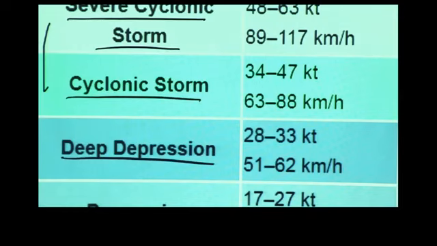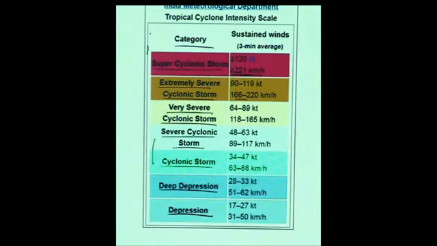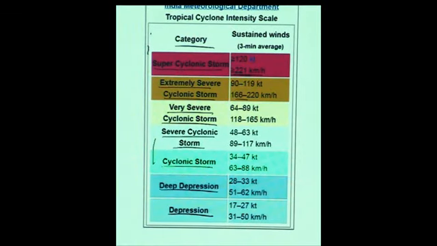So how many categories do we demarcate for tropical cyclonic circulation of our country? The Indian Meteorological Department identifies 7 different categories of tropical cyclonic circulation based on intensity. I am naming them in decreasing order of wind velocity.